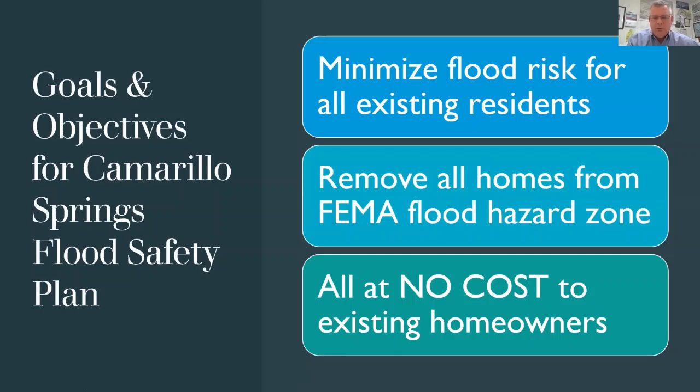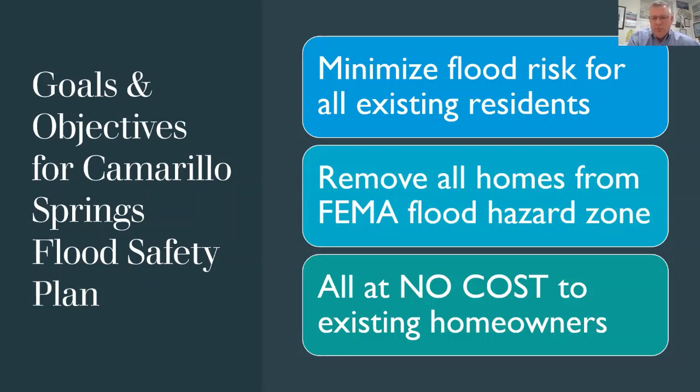Just in the data collection, modeling, and coordination with FEMA, we have over 2,500 hours devoted to that effort. There's additional significant time working with the golf course architect and making sure that not only is the flood safety program resilient, but that it blends with the golf course. And in some cases, the golf course architect is really excited because we're able to improve the golf course with this project.